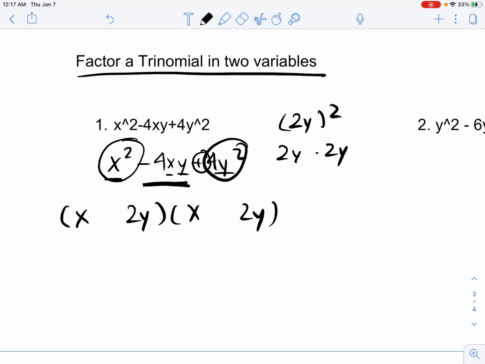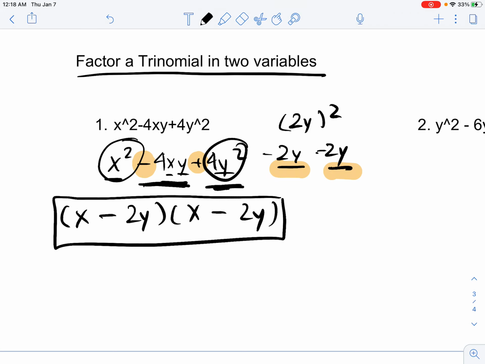We know that this 4y squared has to be a positive, but this 4xy has to be a negative. So that means that both of these factors have to be negative for them to be positive here, but negative here. So if they're both negative, you get x minus 2y and x minus 2y. And that is your answer for factoring the trinomial in two variables for this specific equation.